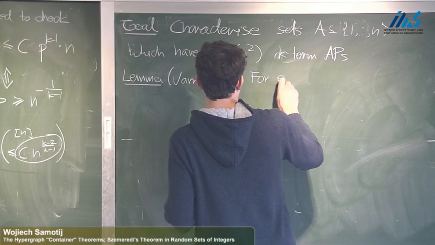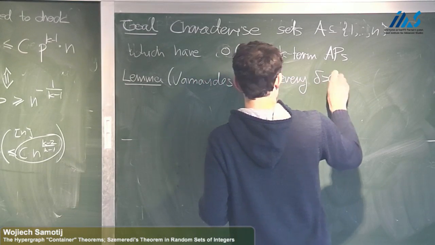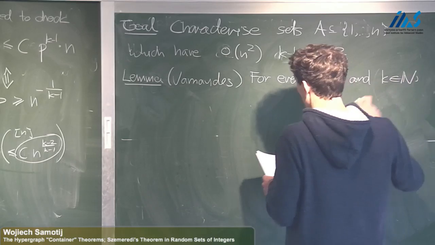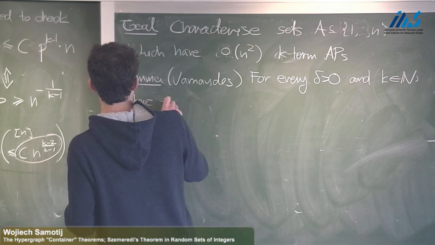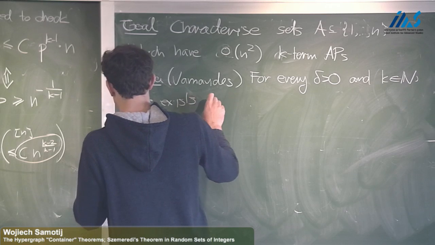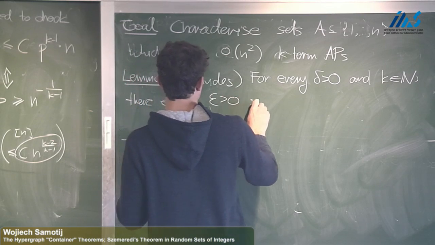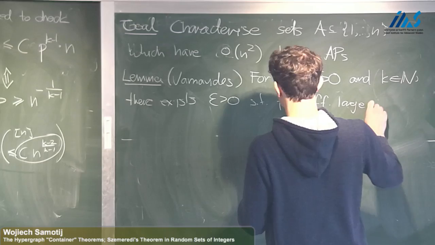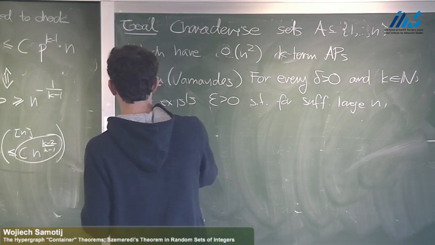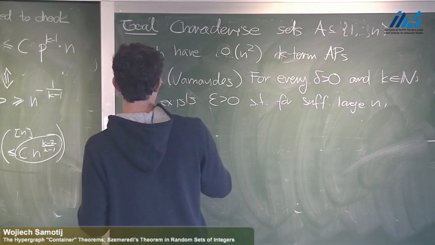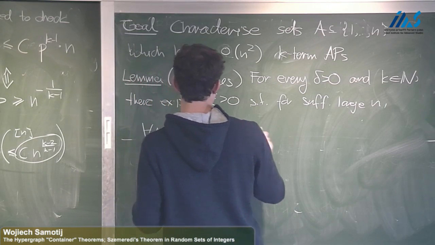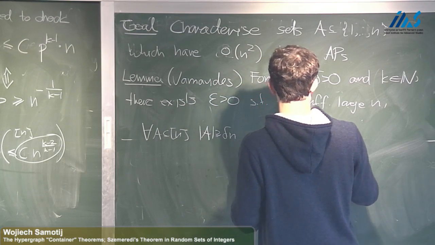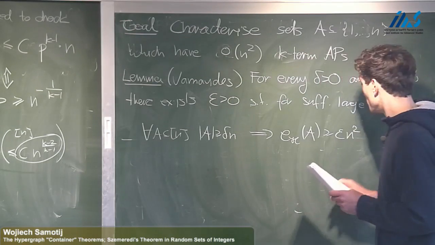This statement is as follows: for every positive delta and integer k, there exists epsilon greater than 0 such that for sufficiently large n, every set of the first n integers, which contains a delta proportion of the numbers, also contains a positive proportion, epsilon n squared arithmetic progressions.